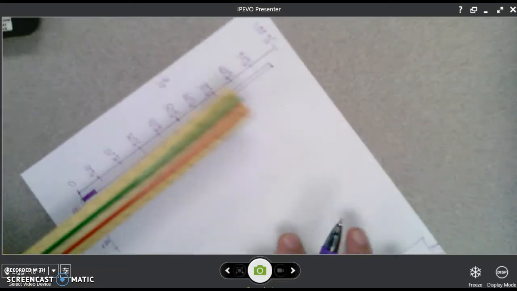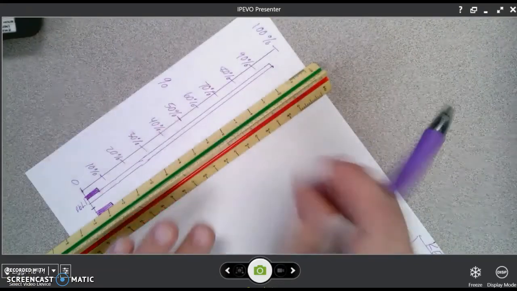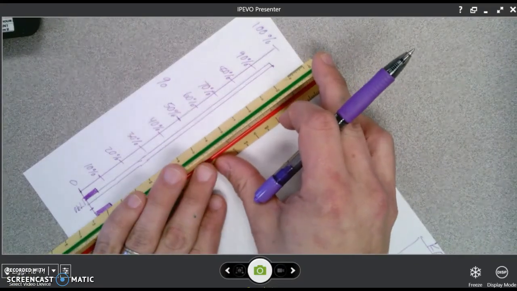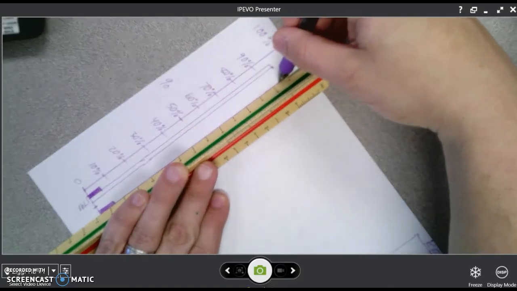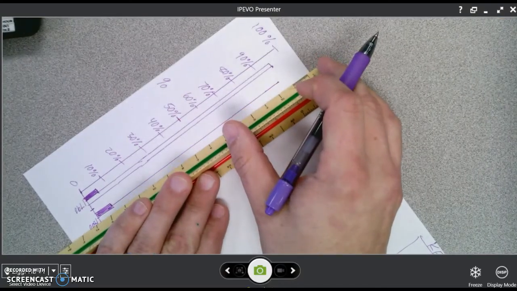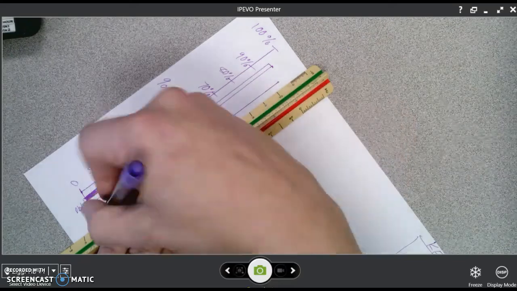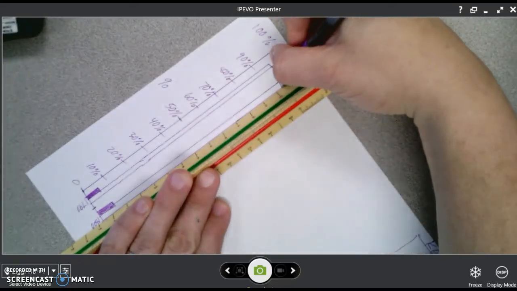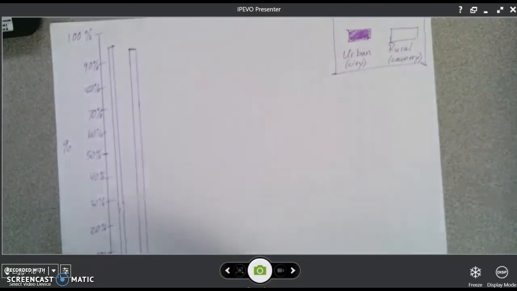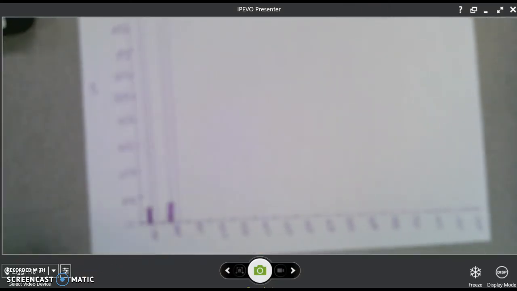So again, I'm going to use my ruler here. Go up to about 94%, which was a little shorter than this other one. Cut it off right there. And then I keep going.